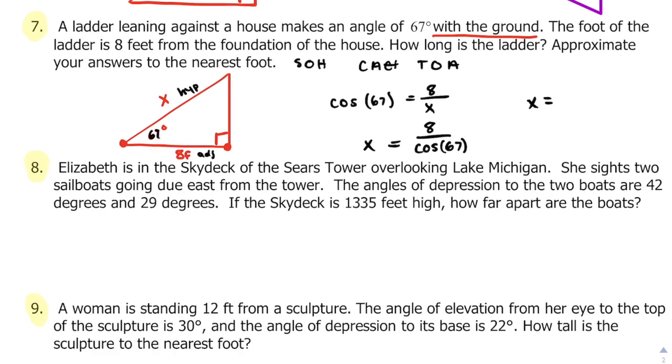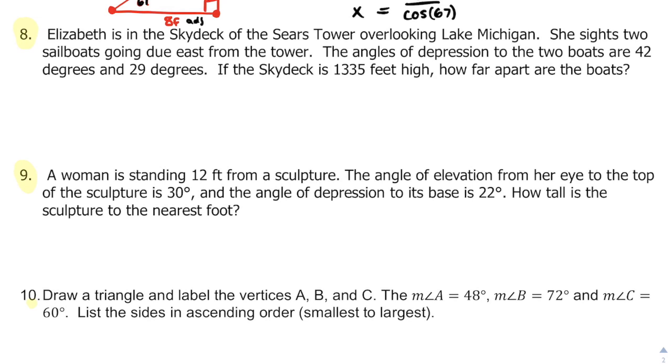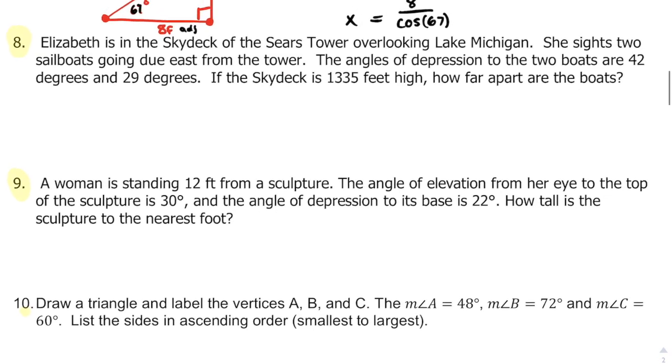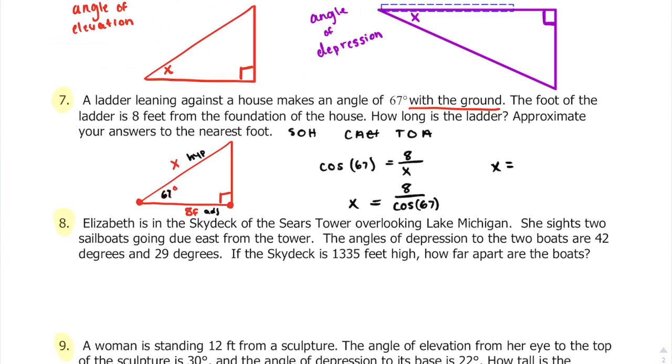So then we get to the next word problem, which is a very challenging word problem. Elizabeth is in the sky deck of the Sears Tower overlooking the Michigan Lake. She sights 2 sailboats going due east from the tower. The angle of depression, so if it's angle of depression, we need to draw our triangle like so.